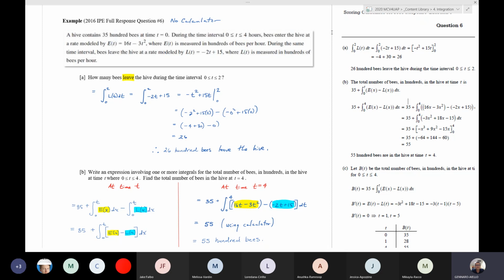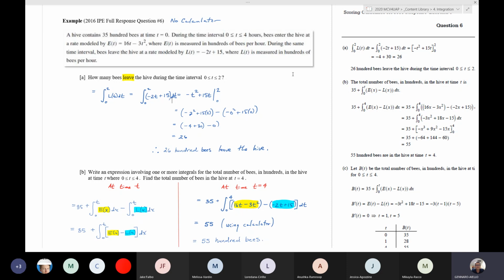So we've got to integrate from 0 to 2, capital L of t, which is negative 2t plus 15. And this should actually be in brackets with a dt on the end. So what does that mean? It means we need to find the antiderivative of negative 2t plus 15, sub in 2 and sub in 0. So the antiderivative would be negative t squared plus 15t.